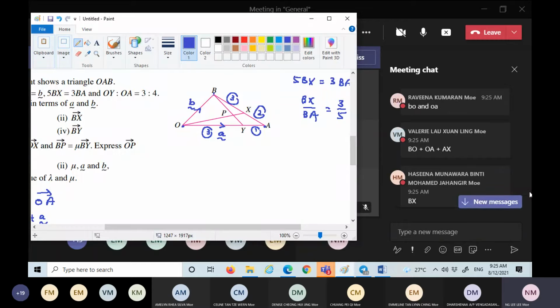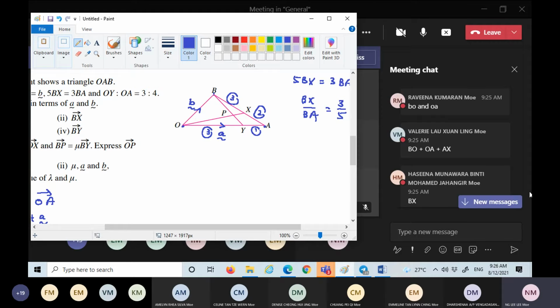Okay, Ravina says BO, BO to OA. BO to OA is for you to find BA. You are very close with it. But when I say BX, you cannot tell me it's BO to OA.